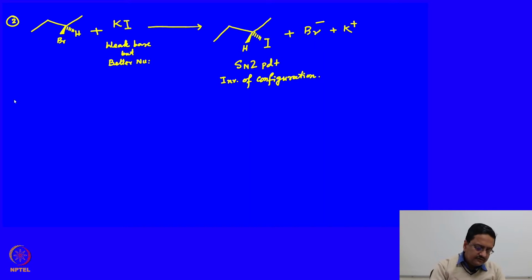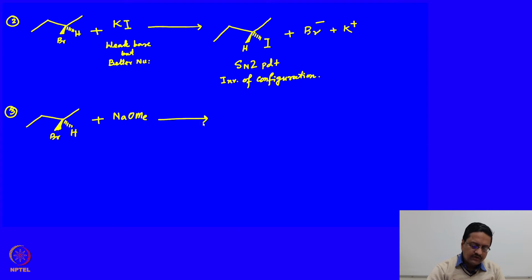If I take a different base or nucleophile on the same compound, let us see what can happen. Instead of iodide, if we take sodium methoxide, this is a stronger base and a good nucleophile.